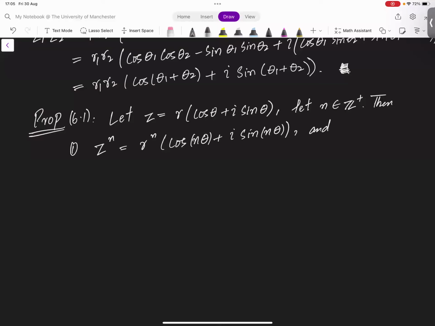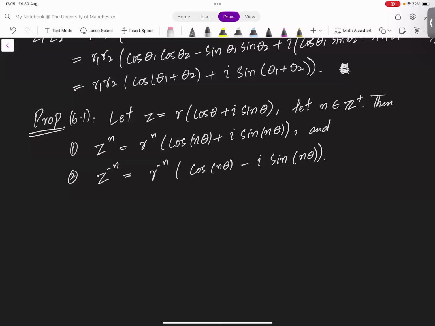And if you take the minus n power of z, you will get r power minus n cos n theta minus iota sine n theta. That's how powerful De Moivre's theorem is.